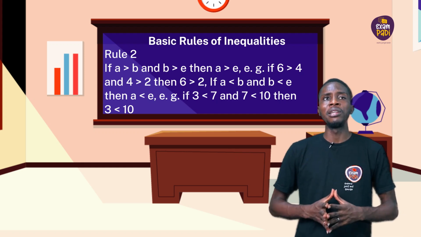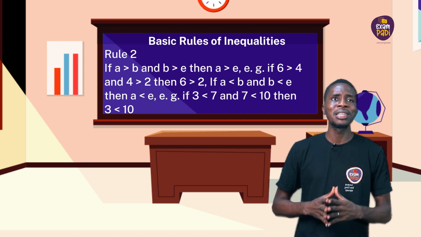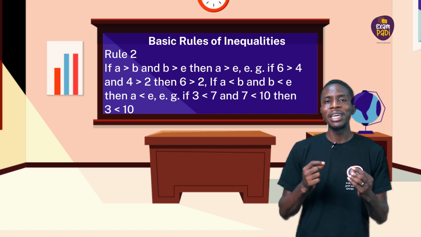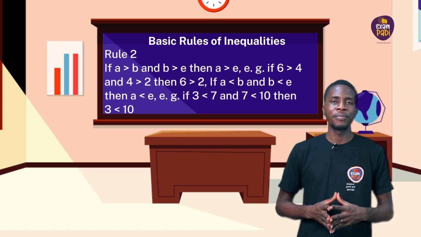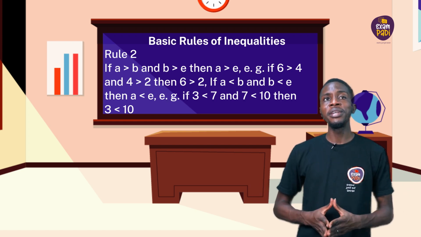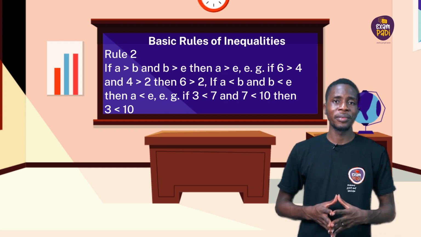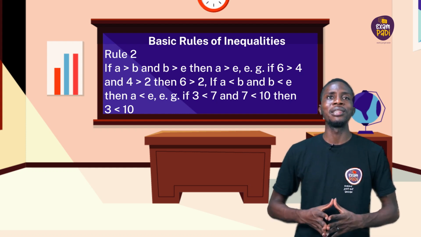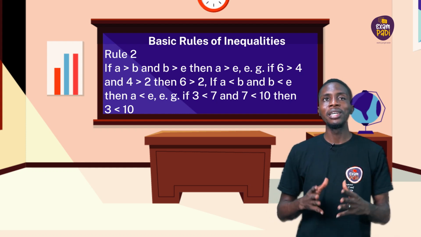If A is less than B and B is less than C, then A is less than C. For example, if 3 is less than 7 and 7 is less than 10, then 3 is less than 10.